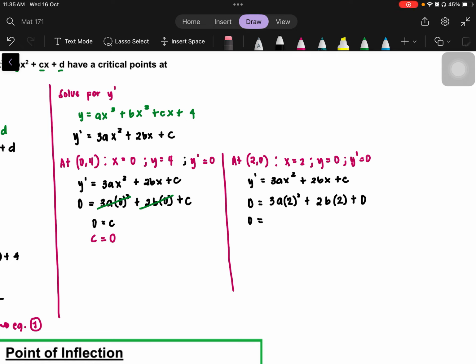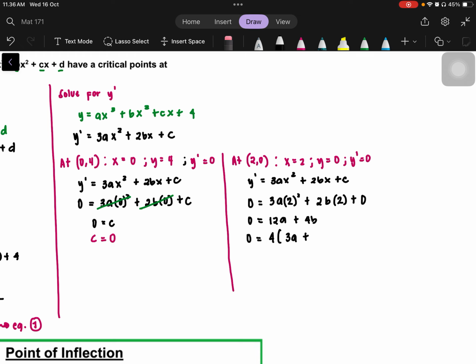Nakuha na natin siya. So, therefore, gamit lang din natin. So, let us simplify. We have 0 is equal to 2 squared is 4 times 3 is 12a plus 2 times 2, 4b. Okay. So, now, tingnan natin, may common factor sila. Lowest term lang din natin. Ang common factor nila is 4. So, we have 0.